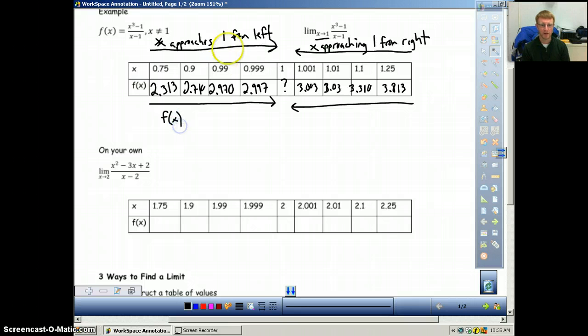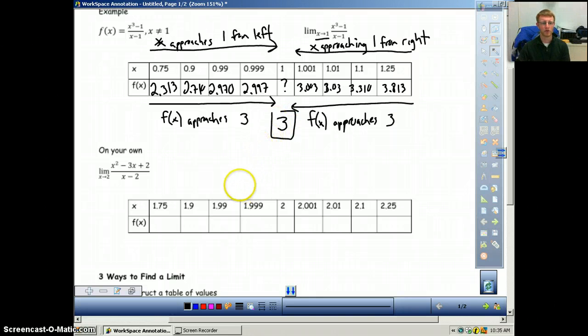And we need that value to approach the same thing from both sides. So f of x is approaching 3, because that's really close to 3, that's really close to 3. So f of x is approaching 3 from both sides, so therefore 3 is our answer.